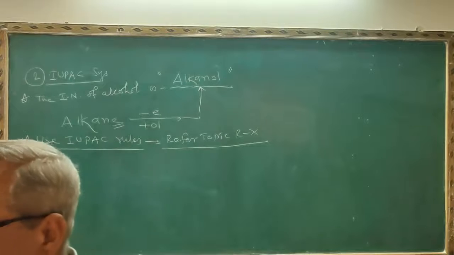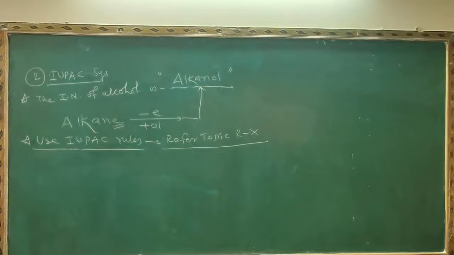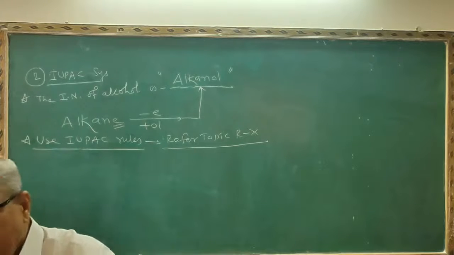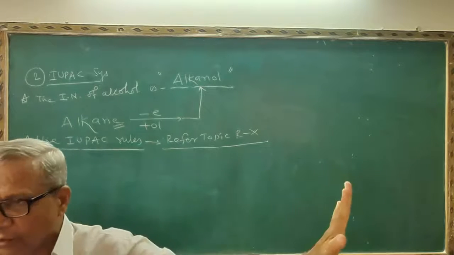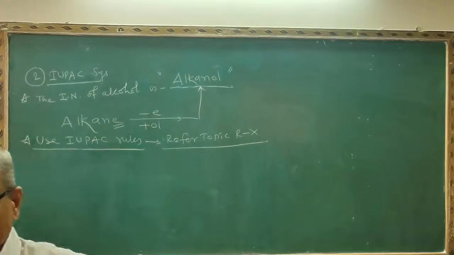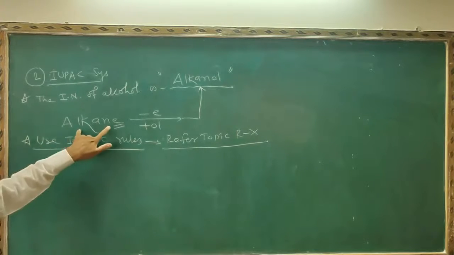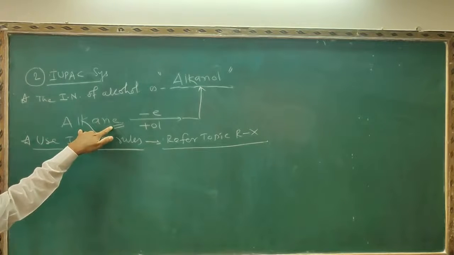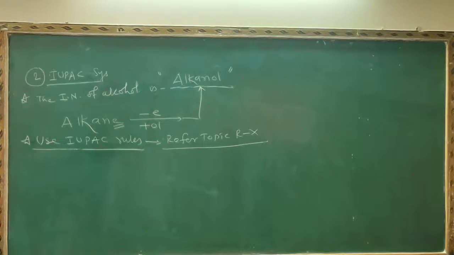First, select the longest chain of carbon atom containing OH group. The meaning is that the longest chain must contain the OH group. This is the first important point. Then consider it as a parent alkane. This is the first rule.